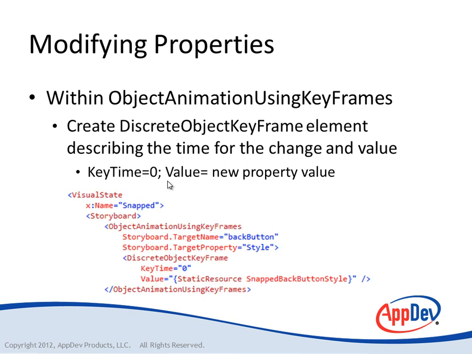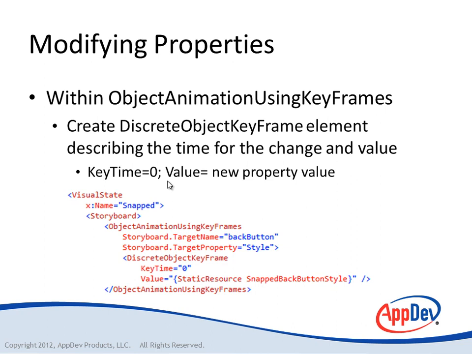The element might look something like this. This says I have a visual state for the snapped view state. I have a storyboard. Within the storyboard, I have an object animation using keyframes element where I specify the target name to be a back button and the target property to be style. Within there, I've created a discrete object keyframe element specifying the key time, which is 0, and a value, which is the new value for the style property.